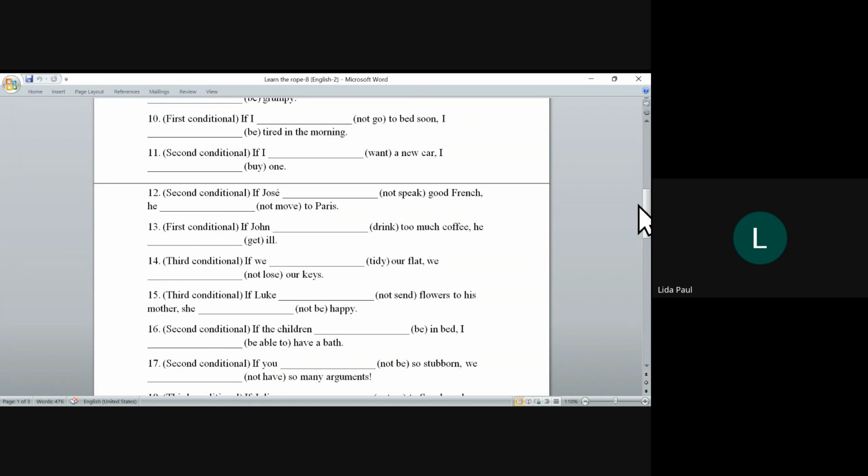15th is again third conditional. If Luke not send flowers to his mother, she not be happy.